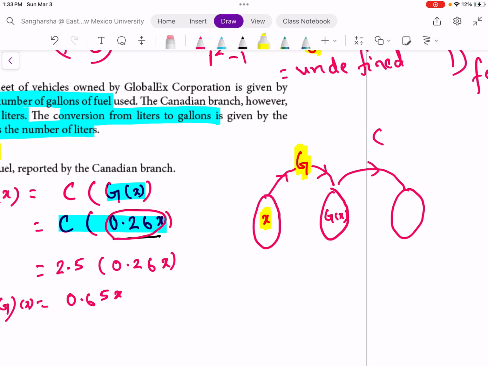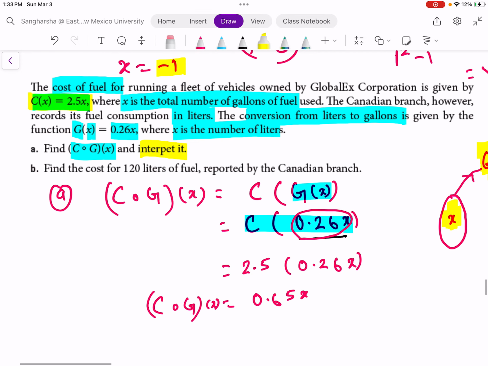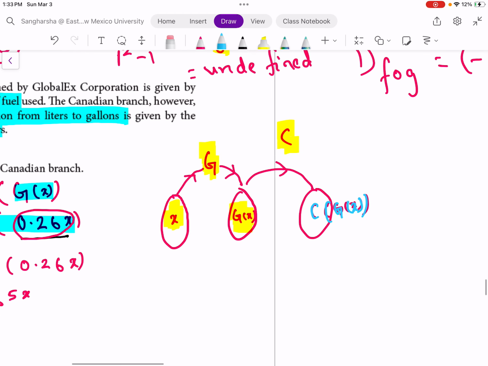This is our number of gallons of fuel. So G converted x liters into a number of gallons. Now when we have a number of gallons, the cost function helps us to find the cost of fuel. So we have C with input G of x, so we have C of G of x. This is the cost.